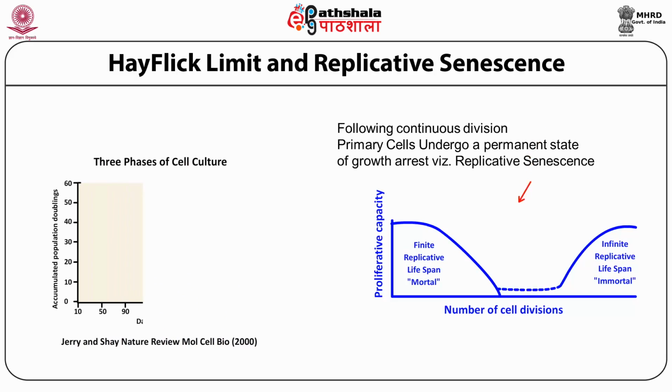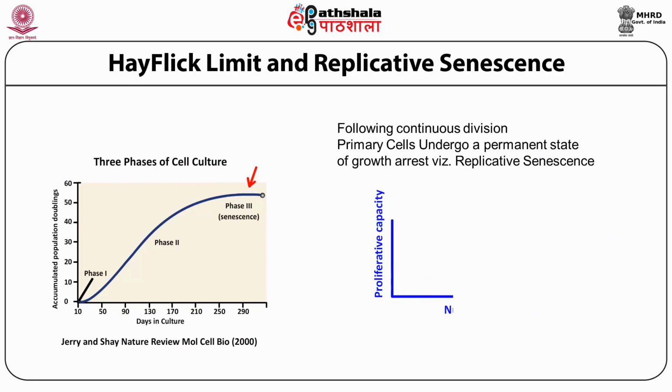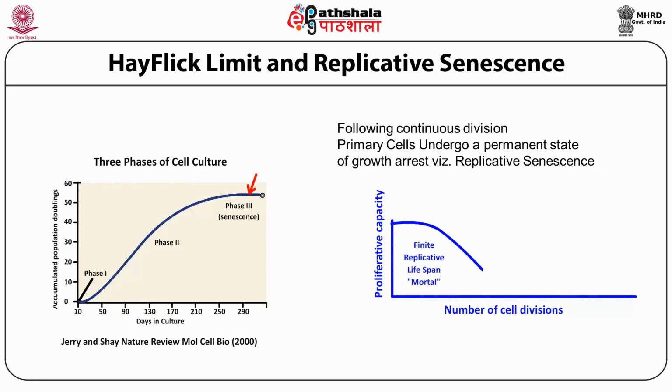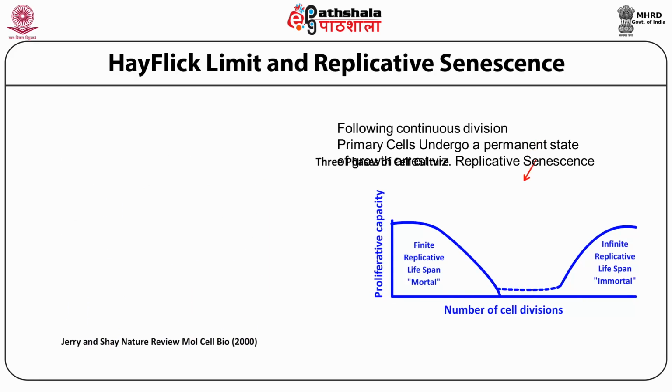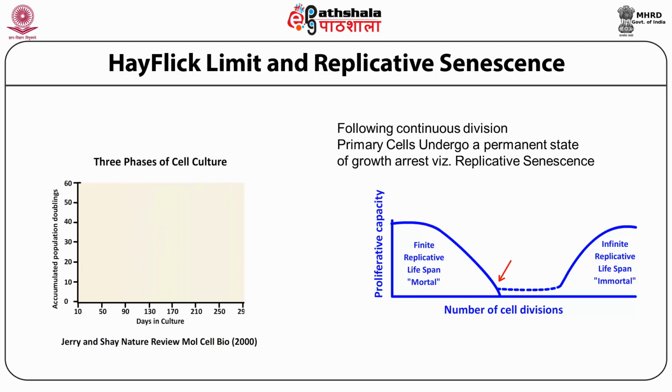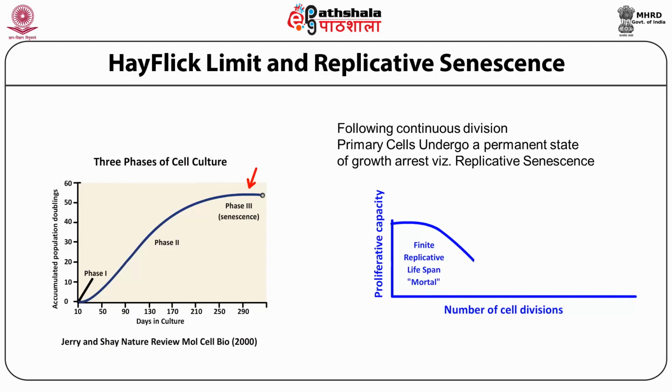In phase 3, cells undergo the process of aging, a phenomenon called replicative senescence in in vitro culture condition. And replicative senescence is nothing but a permanent growth arrest condition. However, as shown in graph 2 below, few cells can escape the process of senescence. That is, they can cross the Hayflick limit and can start dividing and become immortal, for example, the cancer cells.